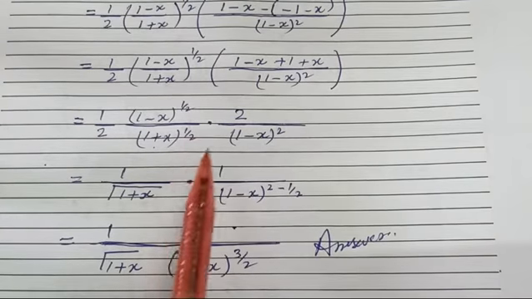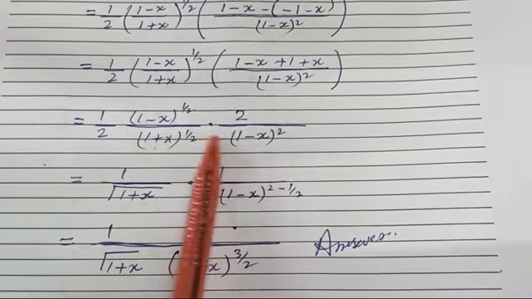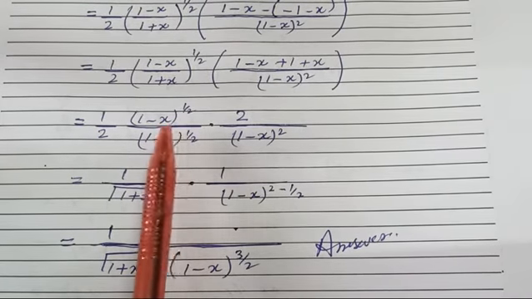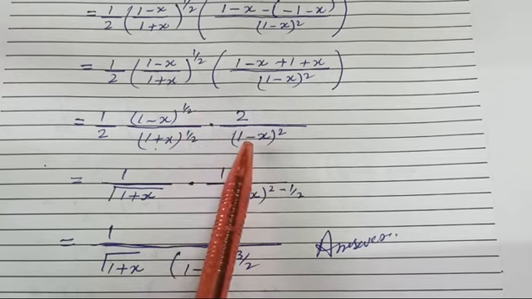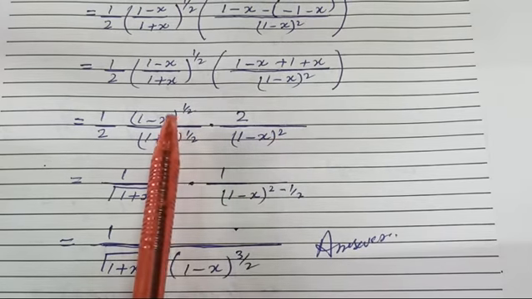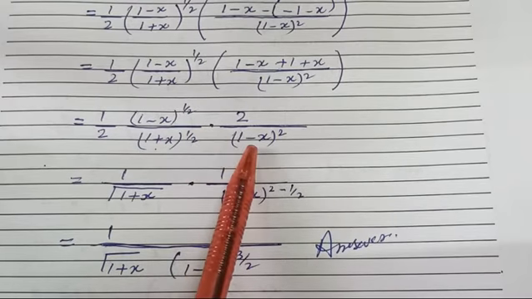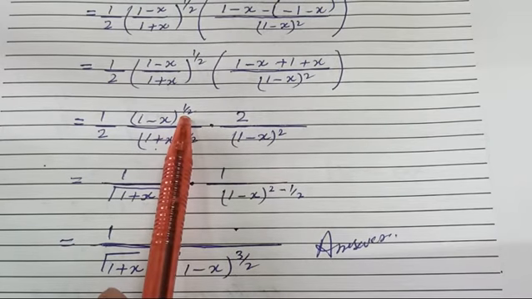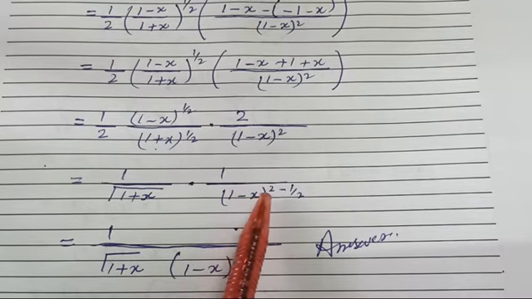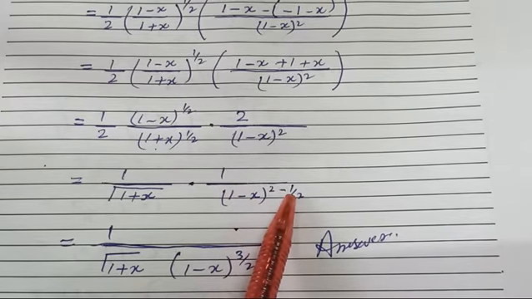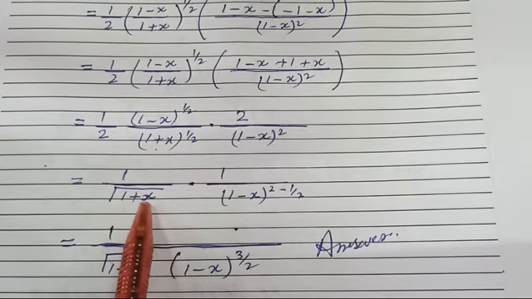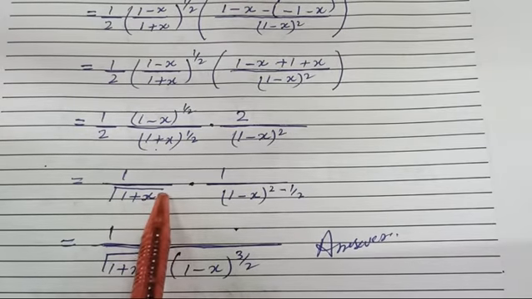Now dear students, simple calculation. 1 by (1 minus x) raised to 1 by 2, and in the denominator, the same term 1 minus x raised to power 2. When you bring this numerator term into the denominator, its power becomes minus 1 by 2. So I have written here (1 minus x) to the power 2 minus 1 by 2, while the other term (1 plus x) to 1 by 2 as it is.